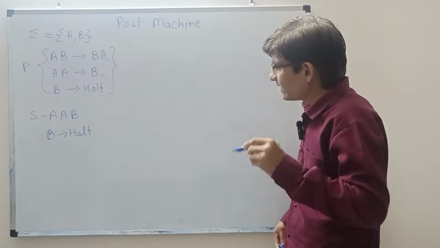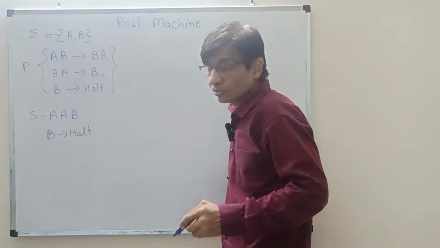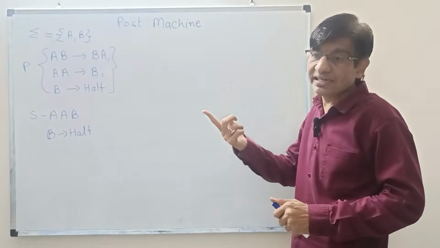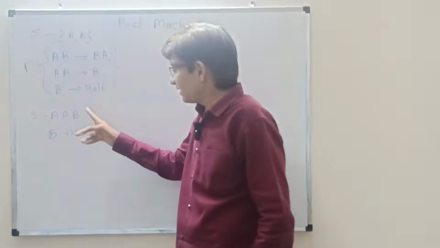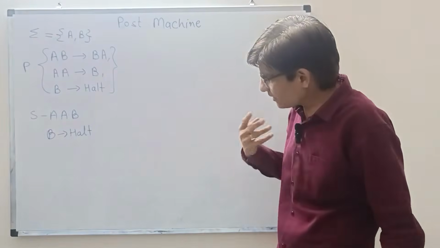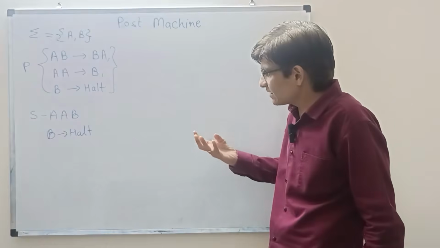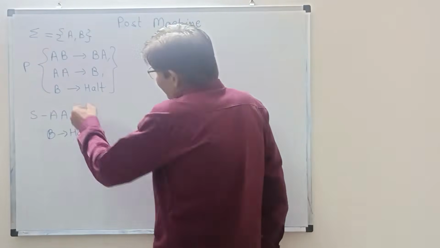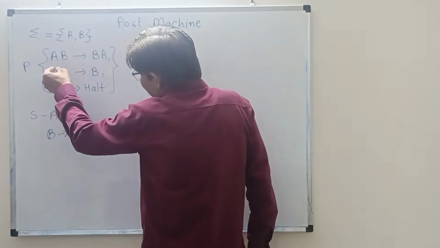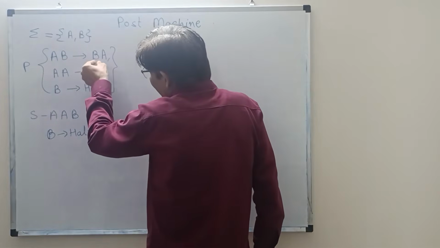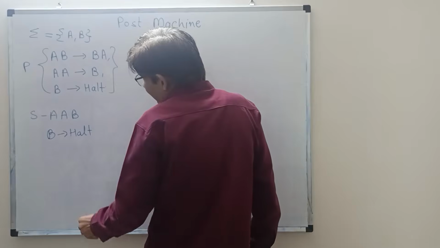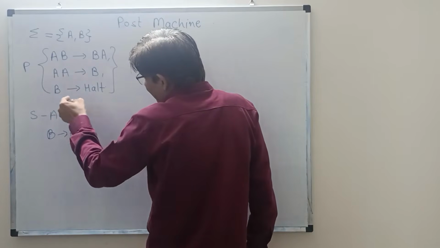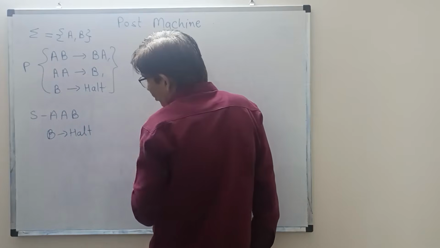So this is very simple, and as I told you, we first see the occurrence of the left hand side of a particular production in the current string, and then we can replace it with the right hand side of that production. So here we have AB gives BA as the first production, AA gives B as the second production, and B gives halt as the third production.